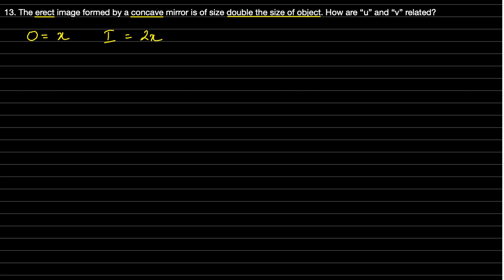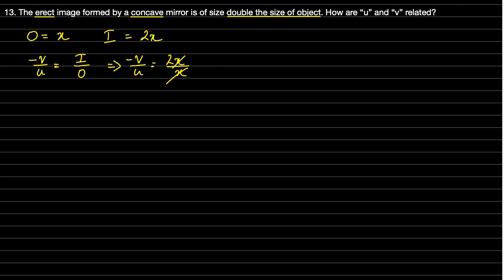So I again write the same formula that comes from the magnification formula, that is minus v by u is equal to I divided by O. So we just write it like this, minus v by u, and substitute the values here. So I happens to be 2x divided by O happens to be x. X and x cancels.